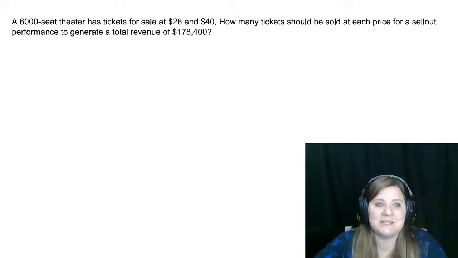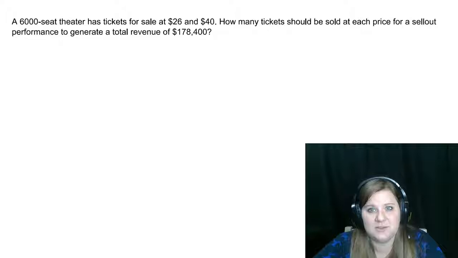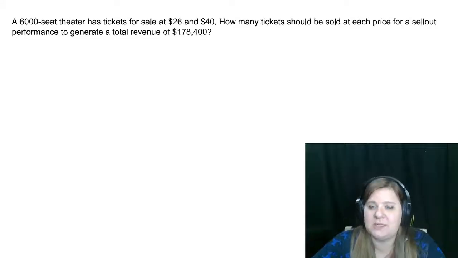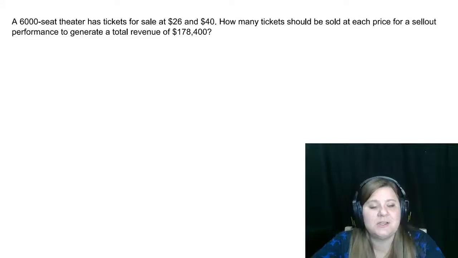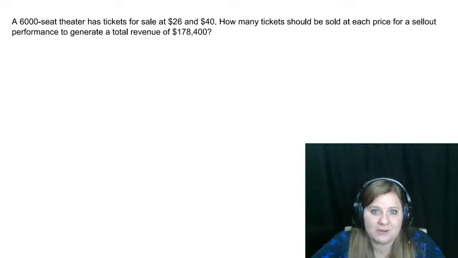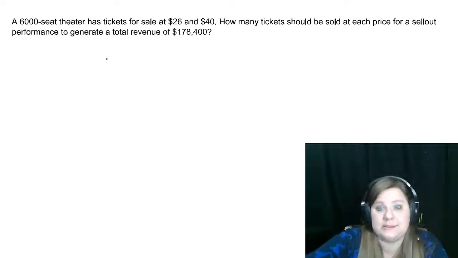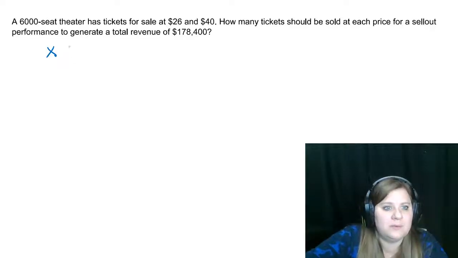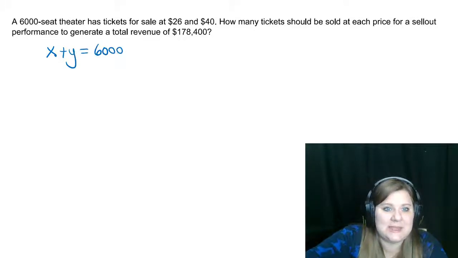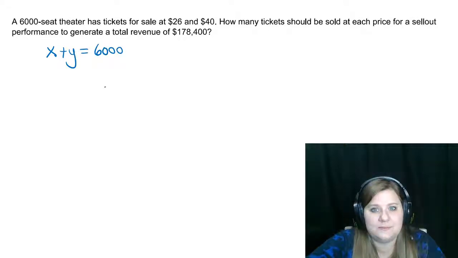There's a 6,000 seat theater and it has tickets for sale at $26 and $40. How many tickets should be sold at each price for a sellout performance to generate a total revenue of $178,400? So first of all, there's two types of tickets. We're going to call them X and Y. And we know ticket X plus ticket Y equals 6,000. Okay?